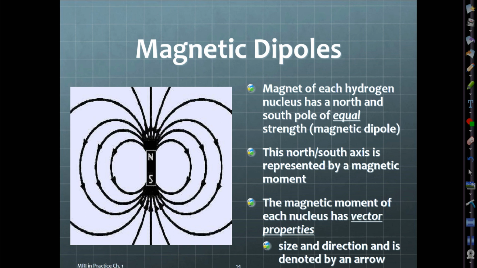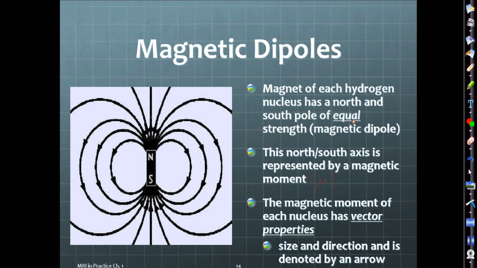So the little magnetic moment of each hydrogen nucleus has a north and south pole of equal strength. That's where we get the term magnetic dipole. This north and south axis is represented by a magnetic moment, and you can denote that as mu. I'll write it here as a reminder of what mu looks like.